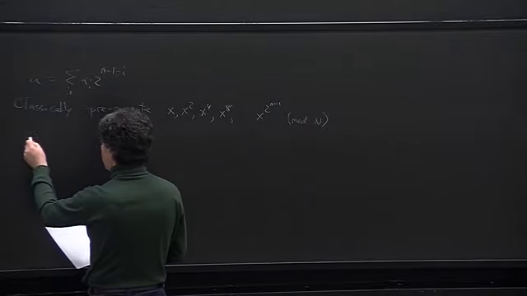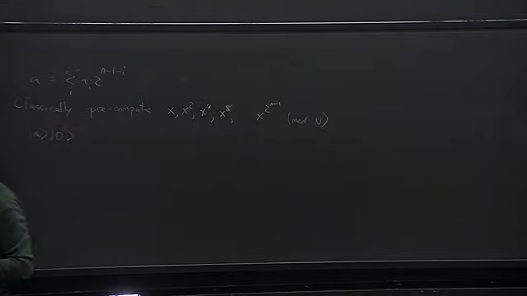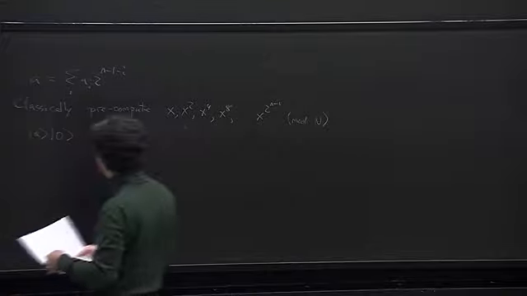And so here's the part that does have to be quantum. We have the two registers. The first register is a at this point. The second register is 0.